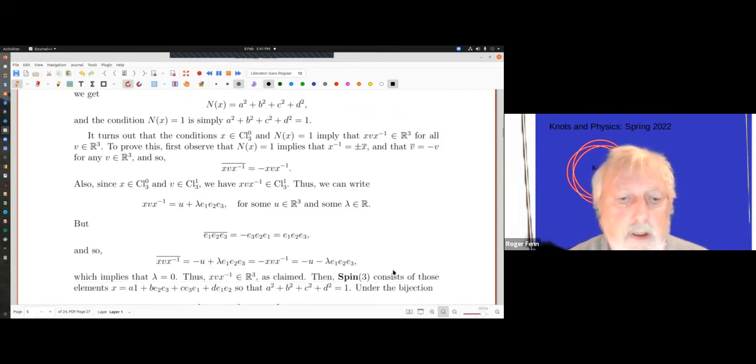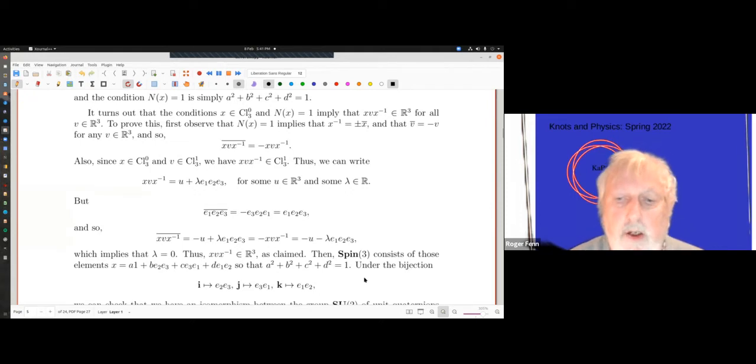Write it like that, and then we take the bar of that, and take the bar of that, it's minus u minus lambda, which implies that lambda is 0, because B is a vector, and this result has to be a vector, so that will only be true if lambda is 0. So Spin 3 consists of those elements of this form.